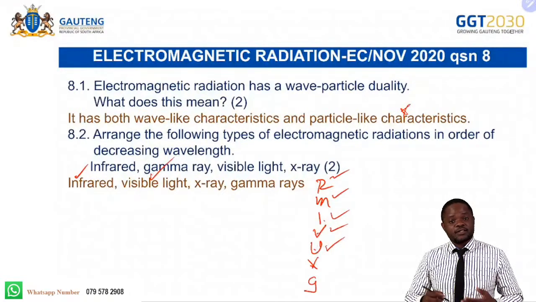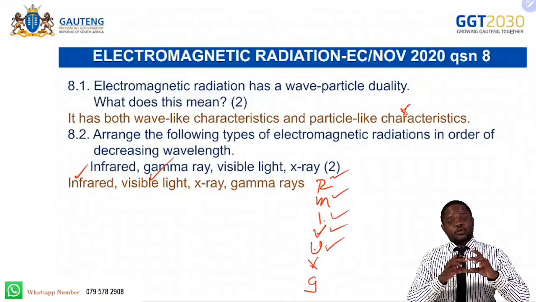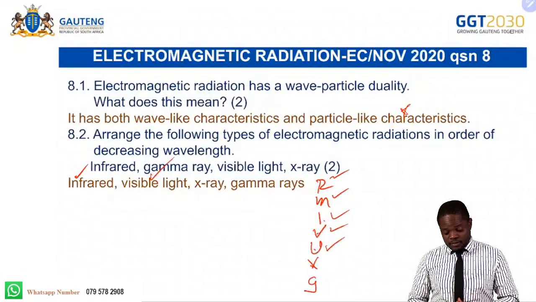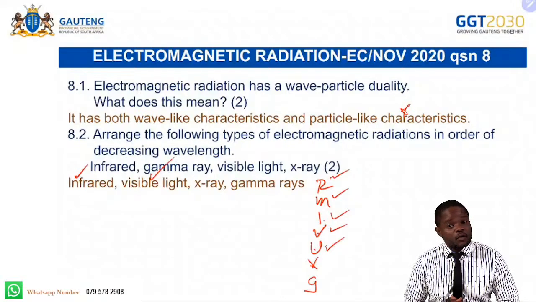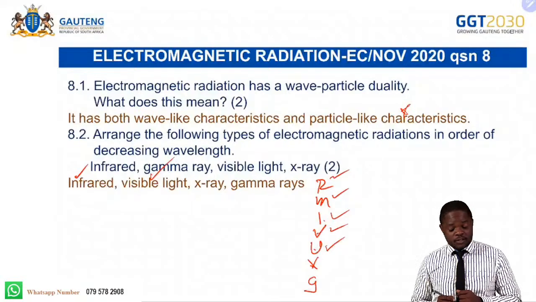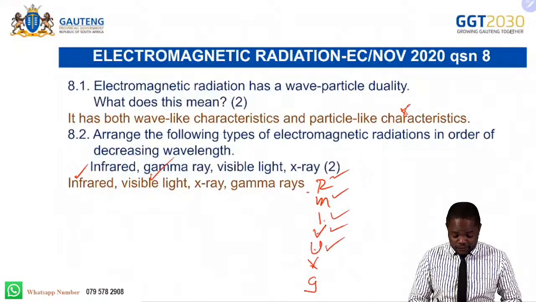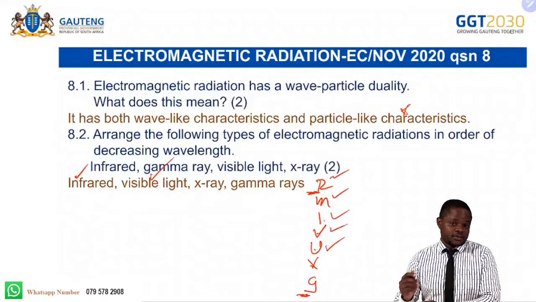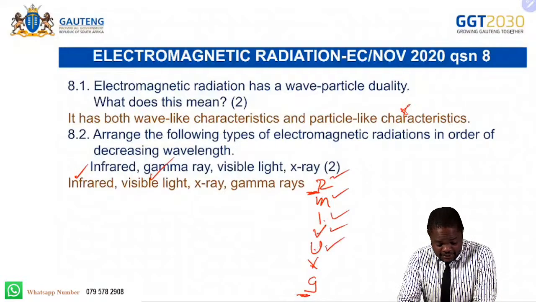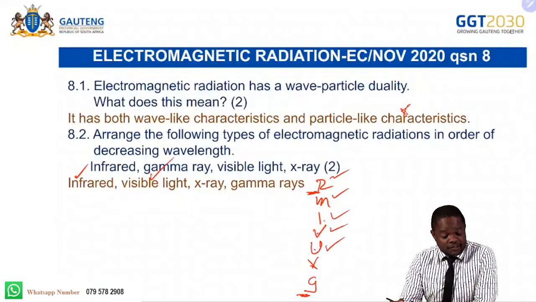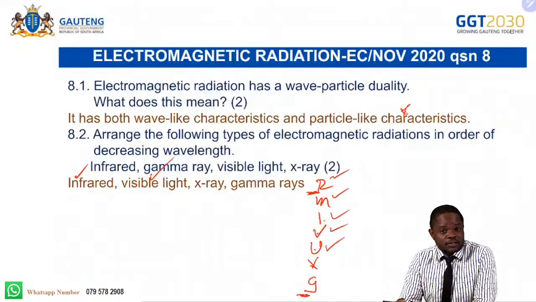Then you go to the X-ray and the gamma rays. So that is the way you can remember your whole electromagnetic spectrum. I hope you got that one down. So you are going from the biggest wavelength to the shortest wavelength. Retabile's mother is visiting Uncle Golo's guardian. I think that is easy to remember, isn't it?